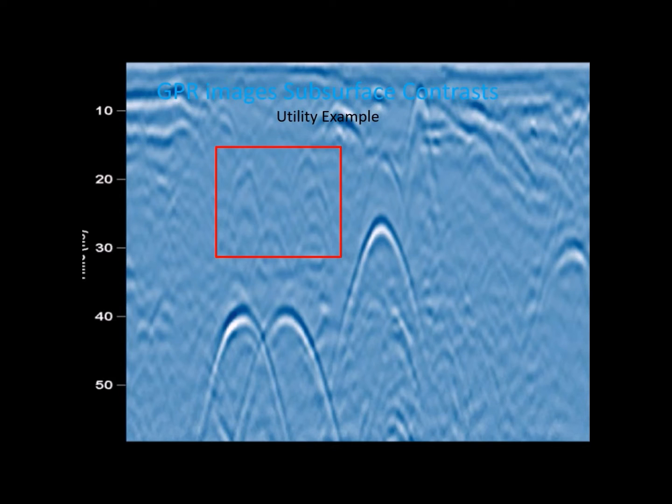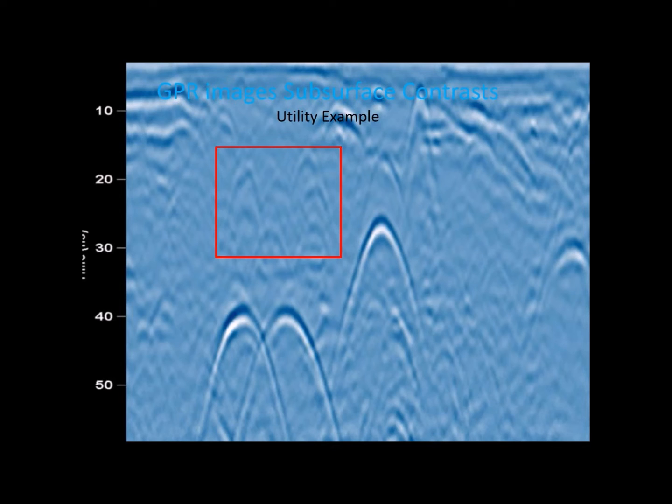In this case, because I see strong hyperbolas deep down, I might ignore these weaker hyperbolas and interpret them as being from an object that has a similar K value as the soil, something like rocks, clumps of dirt, things along those lines.